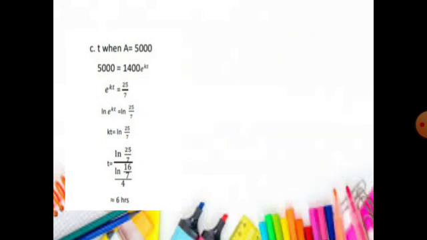So what remains is kt is equal to ln of 25 over 7.